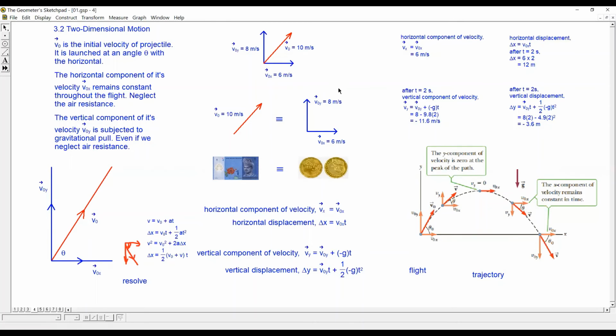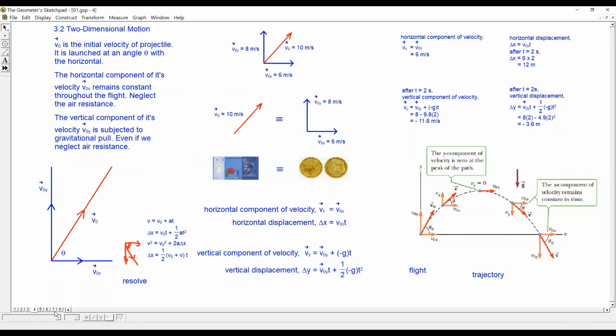As I've said earlier, the two components are equivalent to this actual velocity. But when you resolve the actual velocity into the two components, then you only see the two components. Actually, they are moving like this, the red arrow.